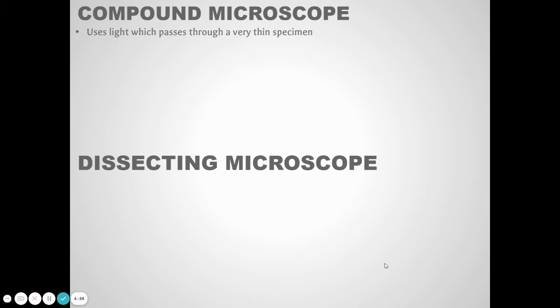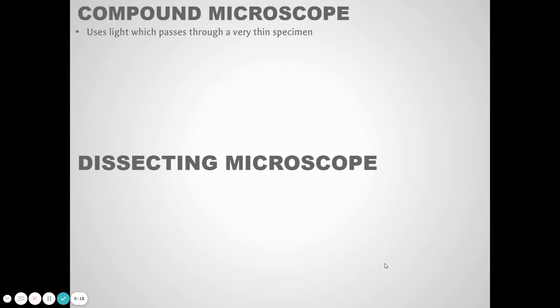In a compound microscope, you put what you want to look at on this place called the stage. Light goes through a little hole in the stage, through the specimen, up through a lens, gets bounced by a mirror this way, and then out through another lens that you look through to see the object.